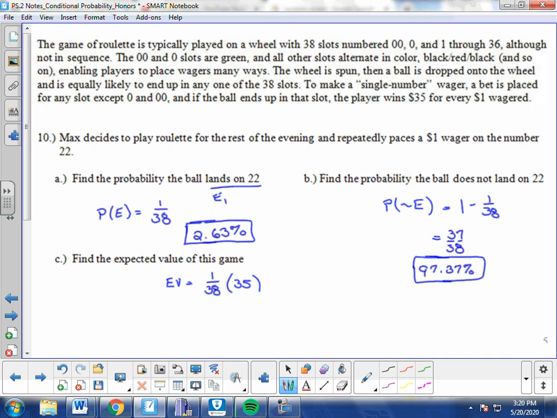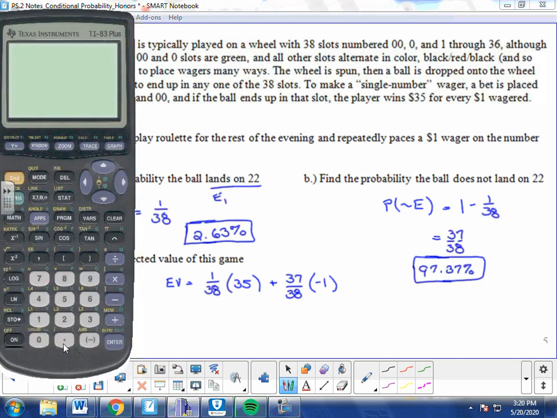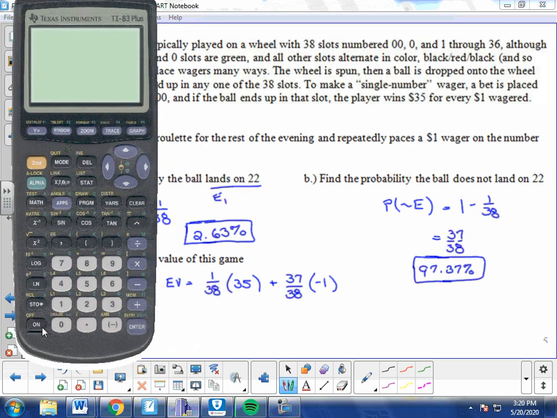Now I'm going to add the probability of losing. So there's a 37 out of 38 chance that we lose, and in this case, we just lose a dollar. So the payout for winning is much higher than the loss if you do lose. What we can do here then is multiply these two probabilities by their values.